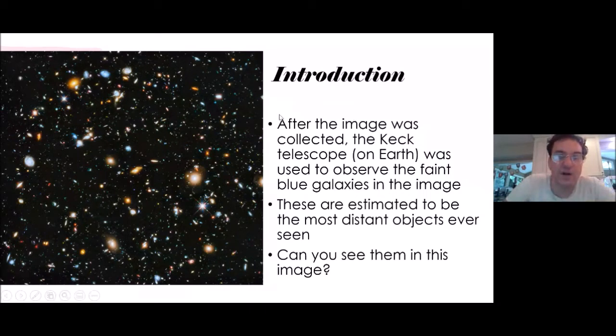Can you see some of the blue objects we're talking about? There's one up in here, another one right here, another one right here, and another one down here. Those are the blue images, which represent the most distant objects that we can see from Earth in the universe.